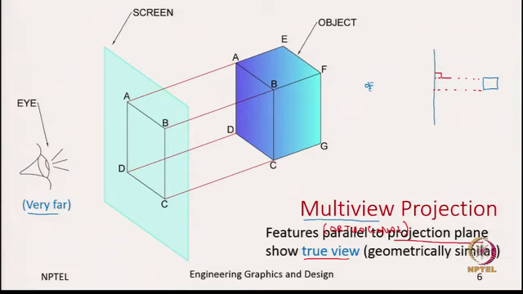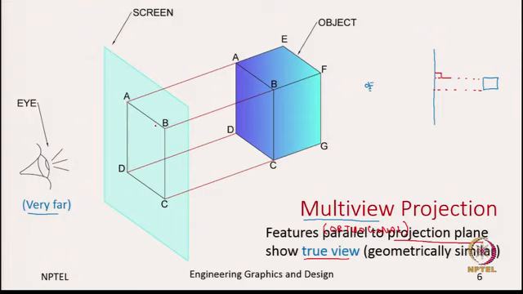Since it is parallel to the projection plane, the length of BC on the projection plane will also be exactly the same. So, it will show the true length. Similarly, let us focus on this line segment AB. Even line segment AB is parallel to the projection plane. Since it is parallel to the projection plane, you will exactly have the same length even on the projection plane.